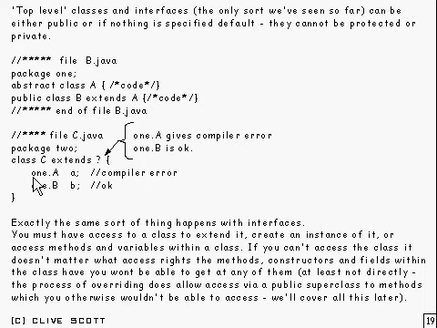And similarly, if we specify a field in here which is of type 1.a, that will give a compiler error. And 1.b is okay. And you get exactly the same sort of behavior if we had interfaces here instead of classes. Same sort of thing.